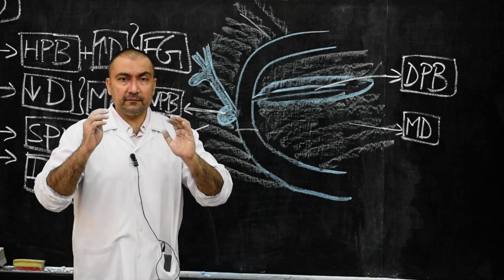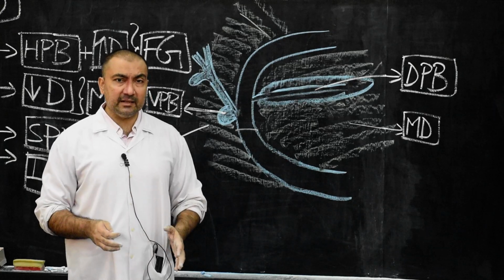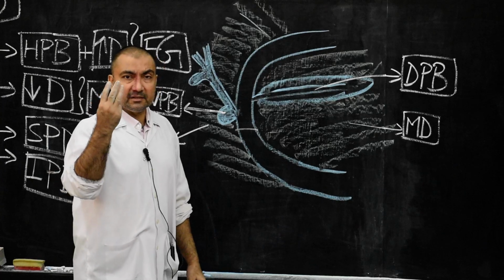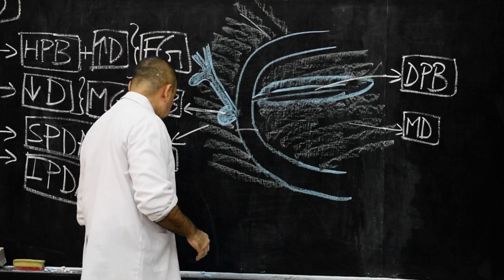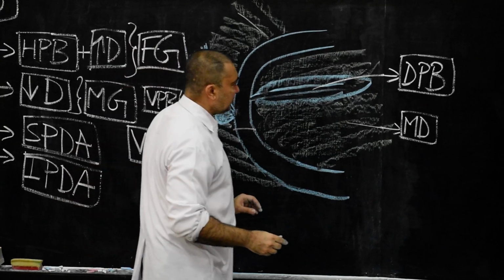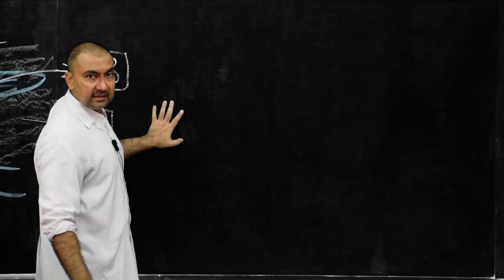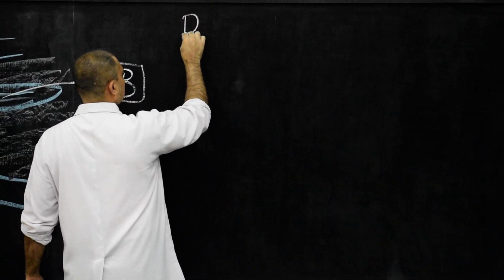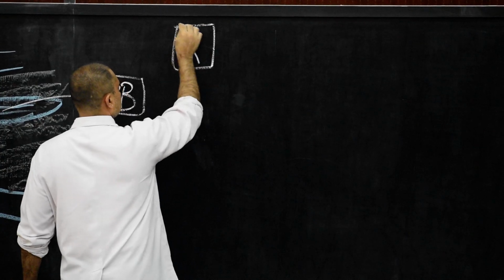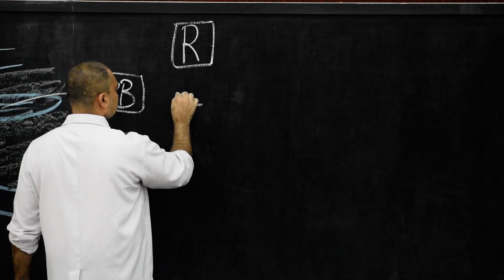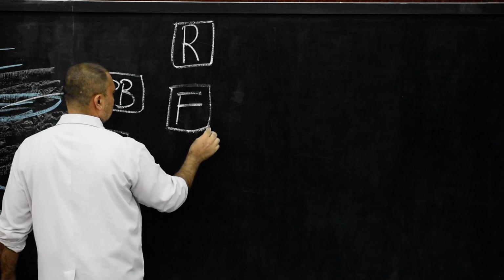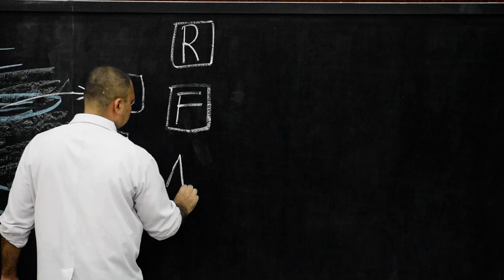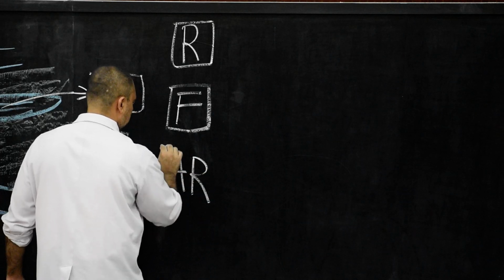The definitive duodenum will undergo three major changes. If I write on this side, the three major changes that will take place are: the first change, rotation; second change, fixation; and third change, which is very important, the axial rotation.